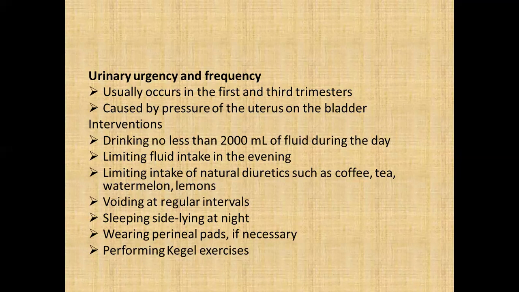They will need to wear a perineal pad so that it will absorb the urine after they have urinated, to prevent irritations if they wear something that is not absorbent enough. And then performing Kegel.